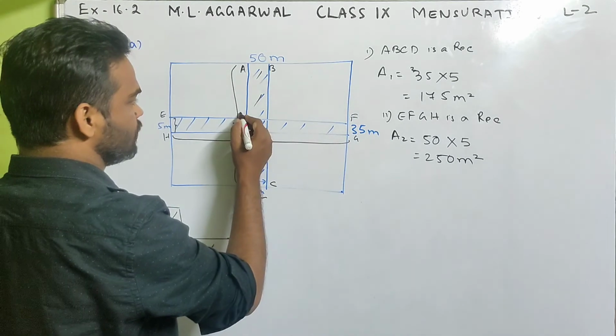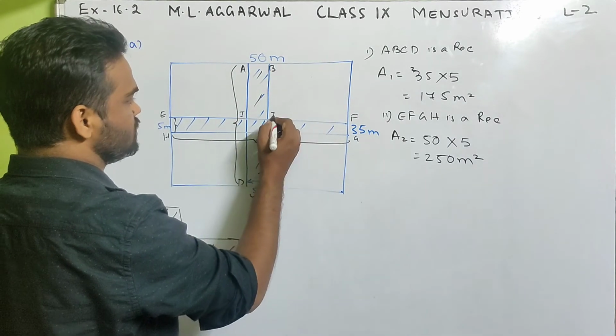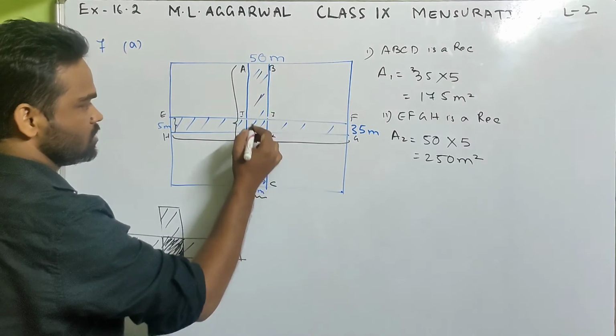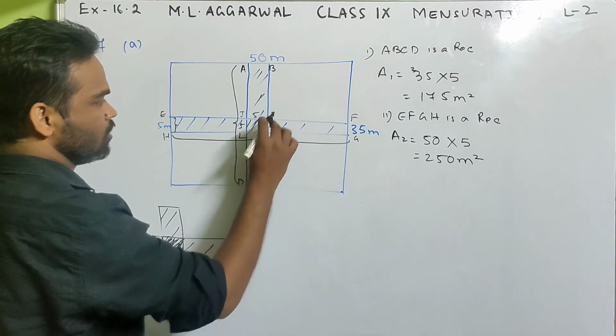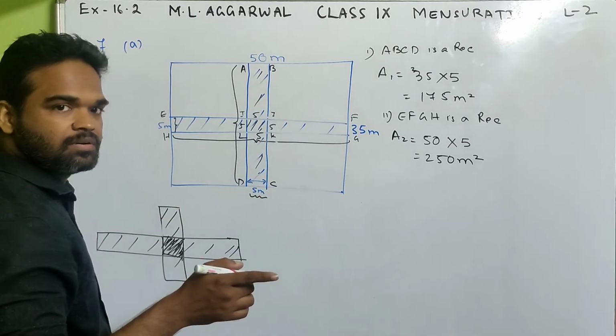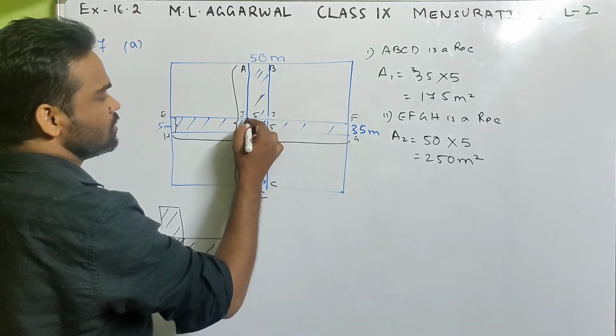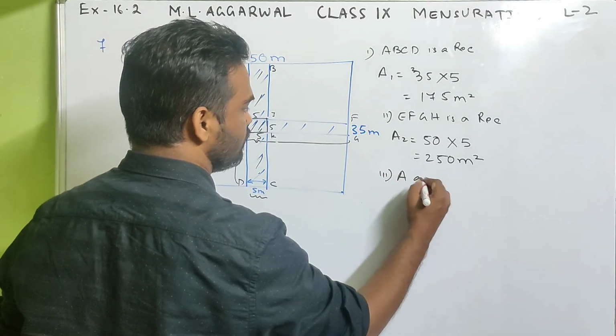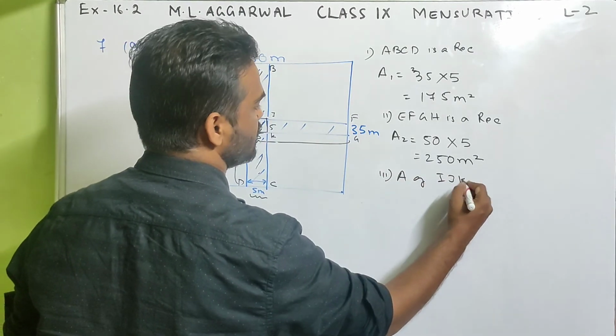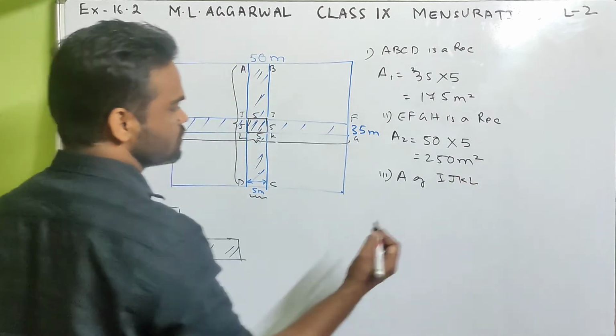So area of, suppose, IJKL, this region. This is 5 and 5, 5, 5, because the path is 5 meter wide. So this is a square, isn't it? IJKL is a square.